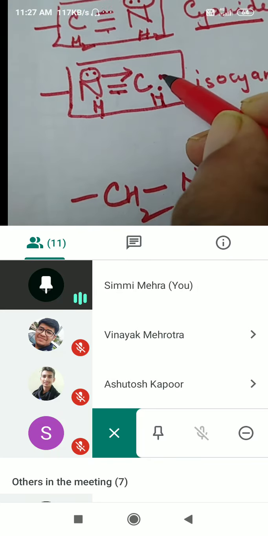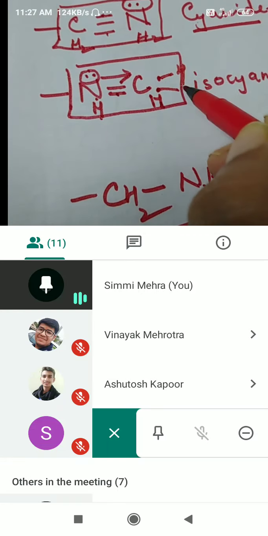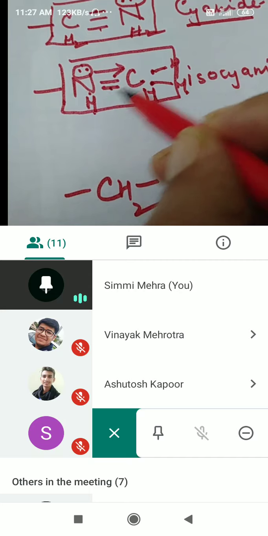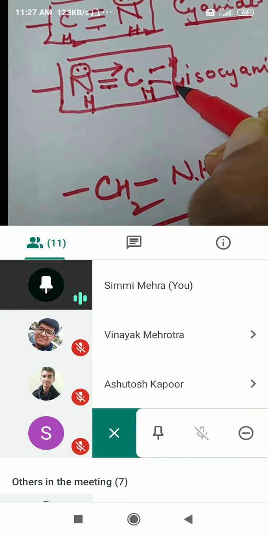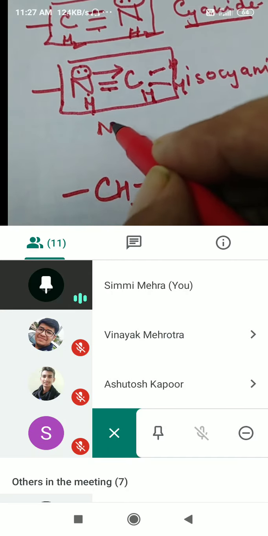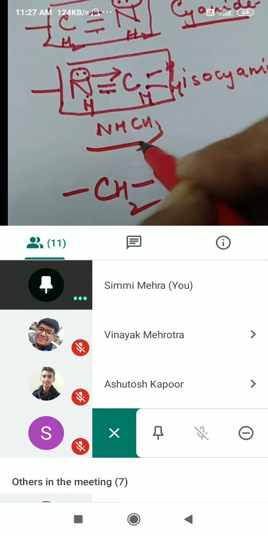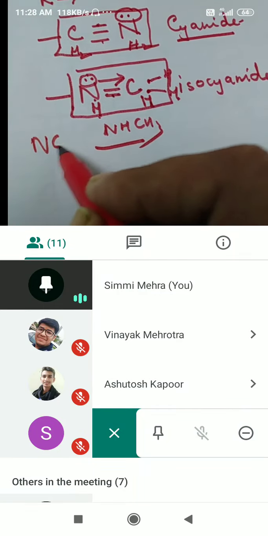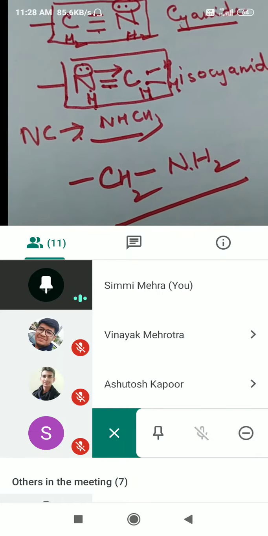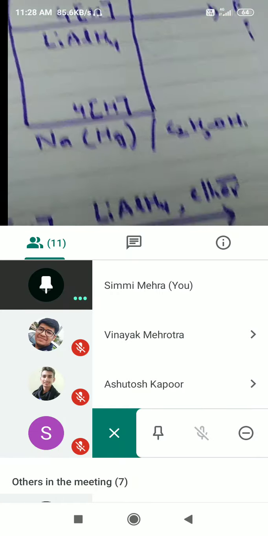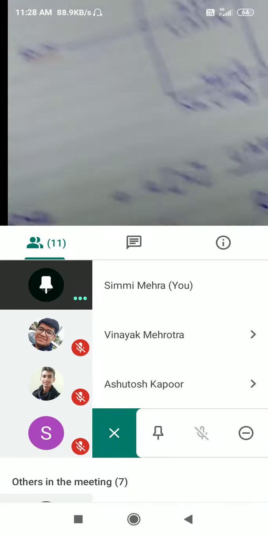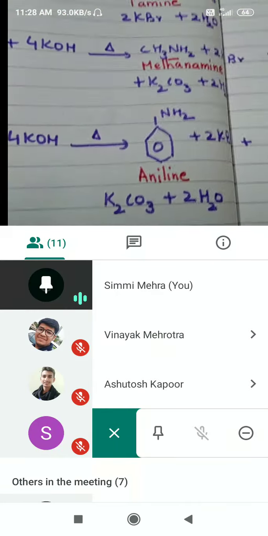And already these two are shared with hydrogen because they cannot be left like this. Carbon has to form four bonds. Now here hydrogen, this becomes NHCH3. If it is isocyanide, your NC will change to NHCH3. So this is how your amine will be prepared.